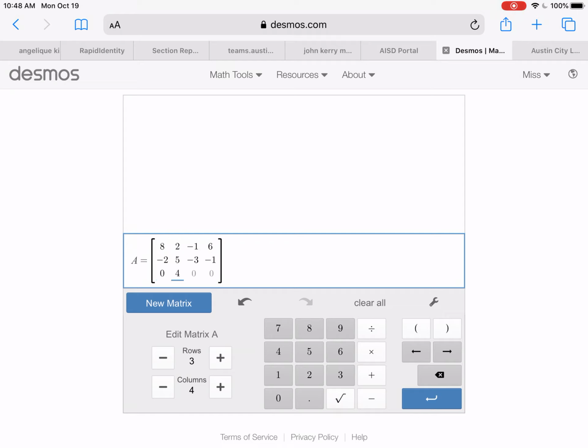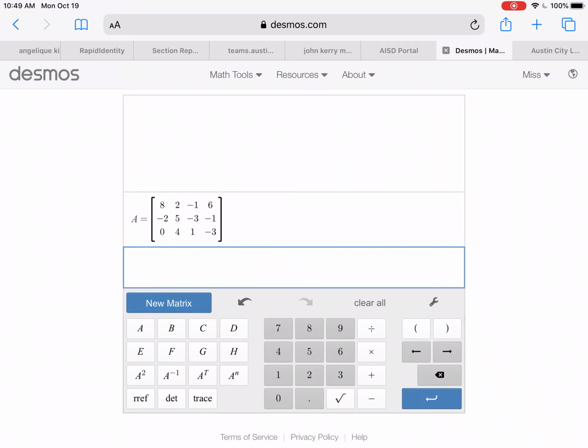Plus 4y, I guess there's no plus there, but 1z equals negative 3. So go ahead and press enter, and we are going to figure out the solution to that system.